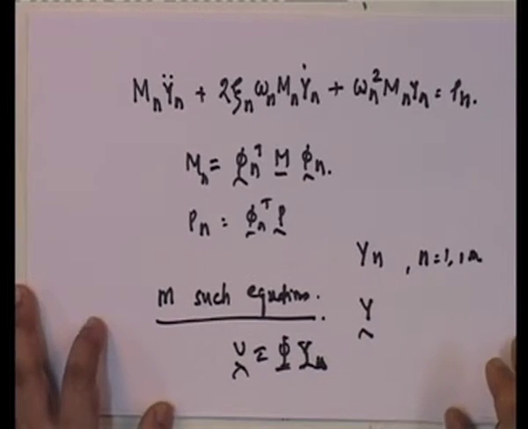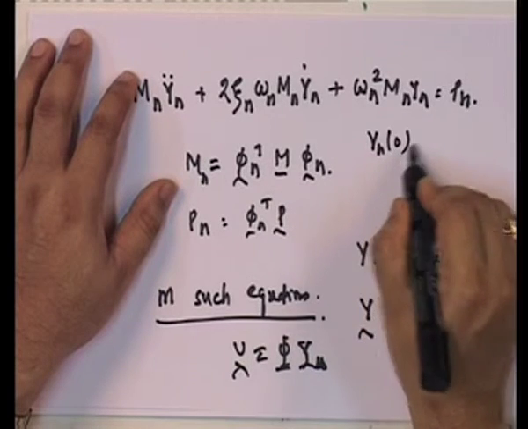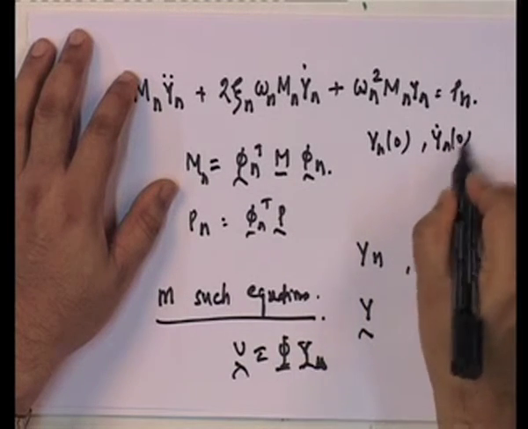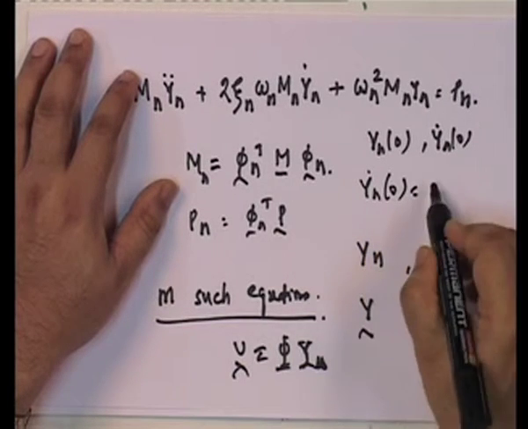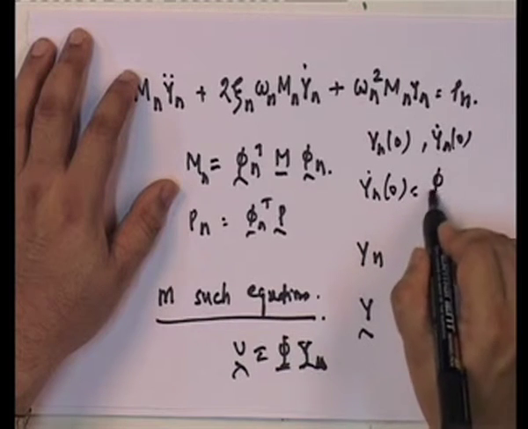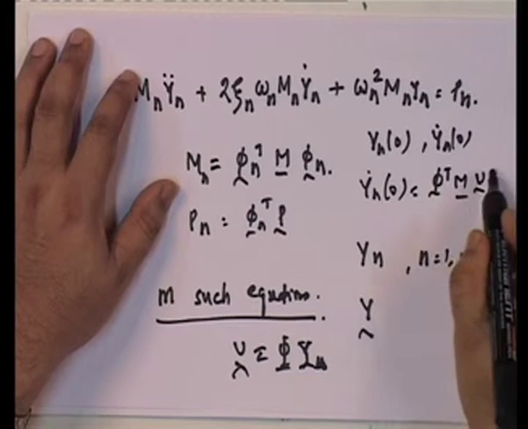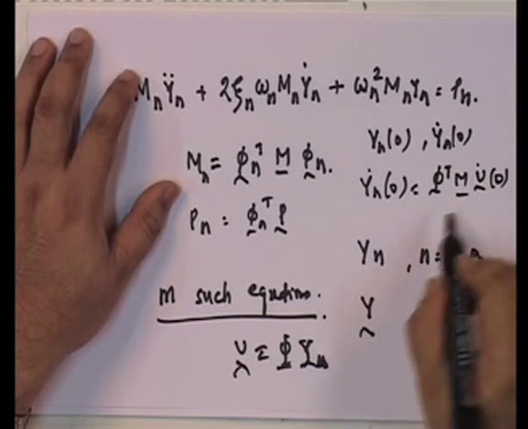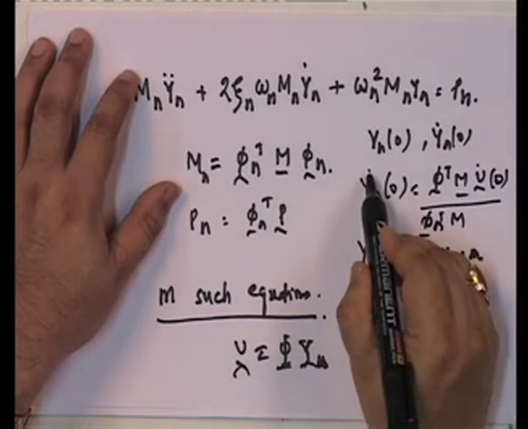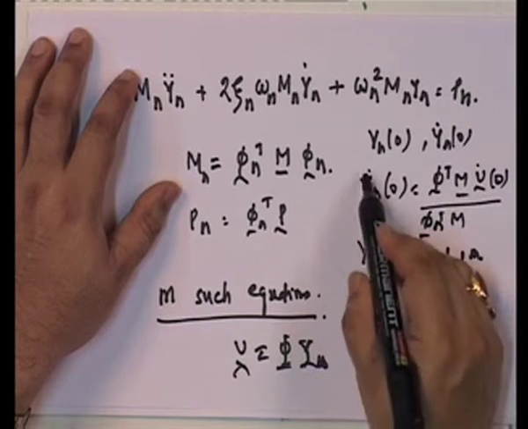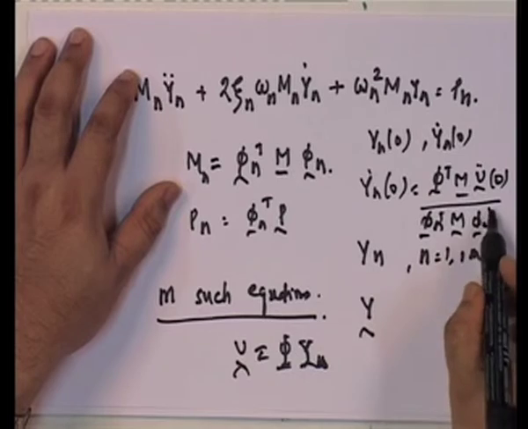Okay, and of course, this is subjected to yn 0 and yn dot 0, where yn 0 and yn dot 0 are given by phi n transpose m v 0 or v dot 0, both are given exactly the same way. The only thing is, if this is not dot, then this is not dot, if this is dot, then this is dot, into phi n transpose.